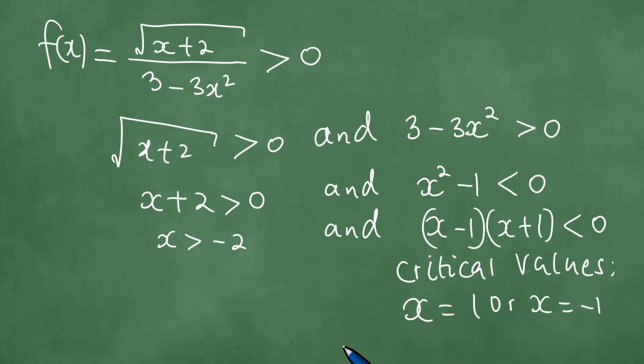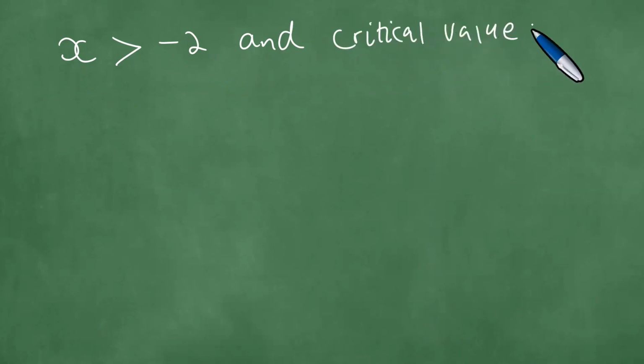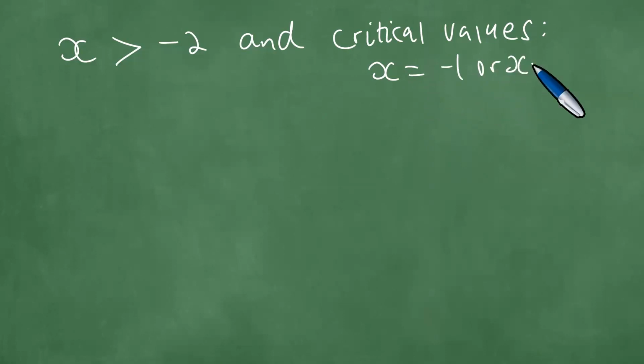And so with this said, we proceed to solve this problem. So we have seen that x is bigger than minus 2, and we have the critical values, x equals minus 1 or x equals 1.